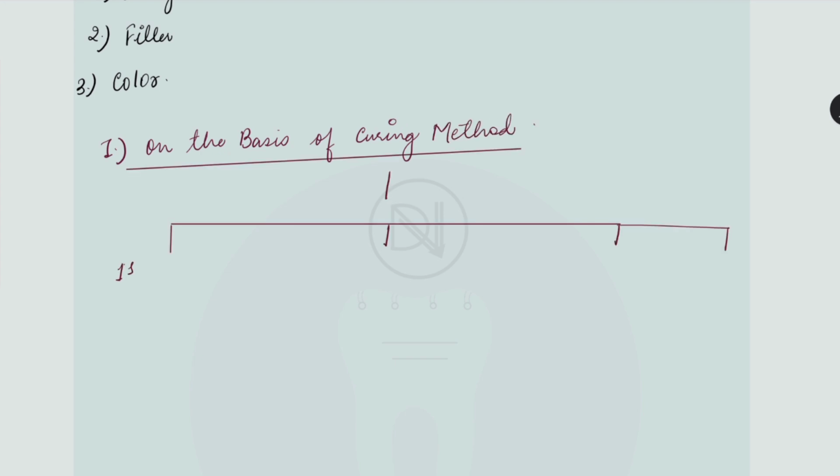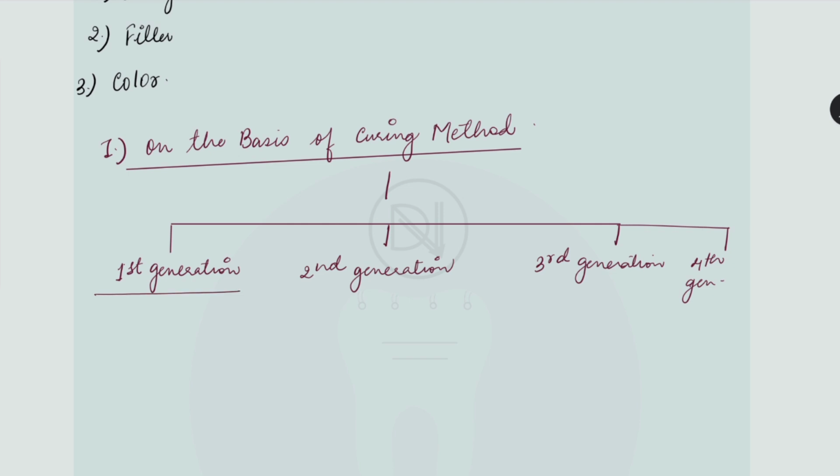First generation, second generation, third generation, and fourth generation. In the first generation, the polymerization occurs at 350 nanometer wavelength.